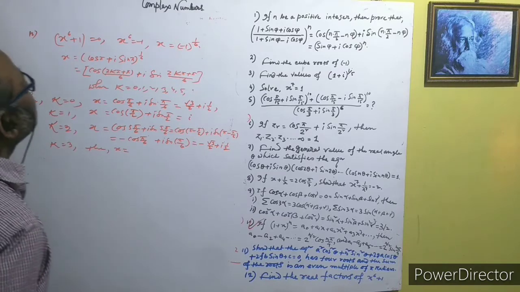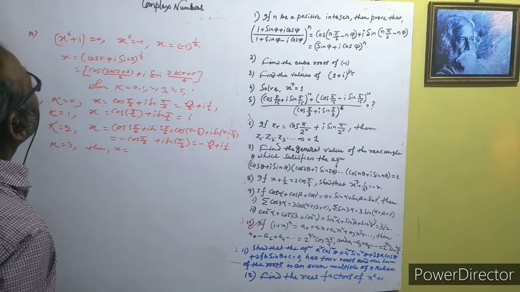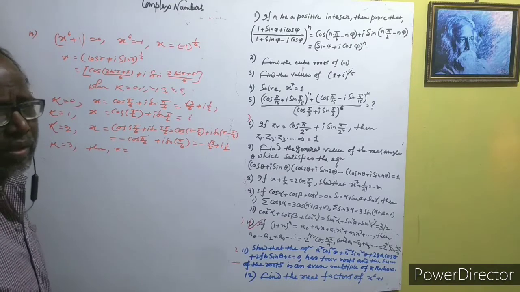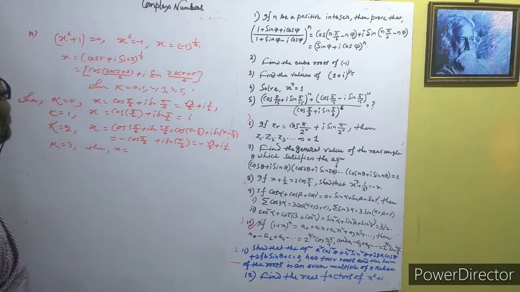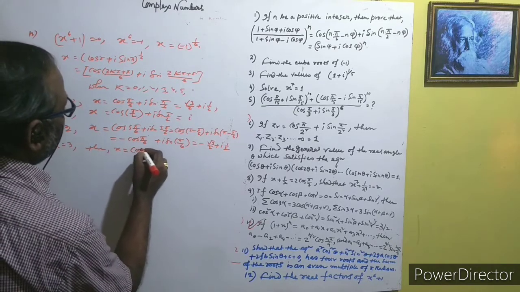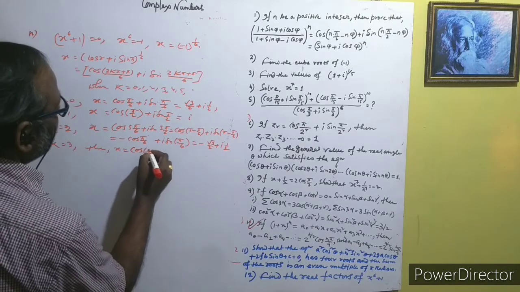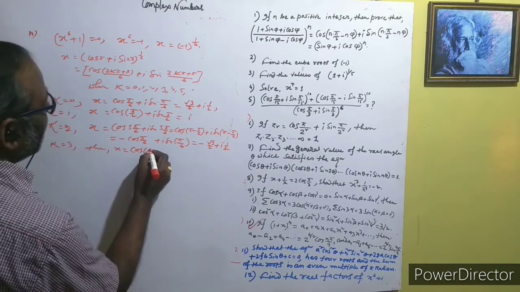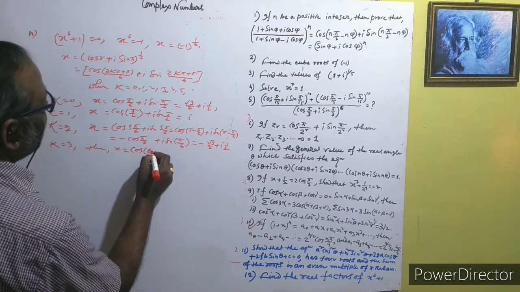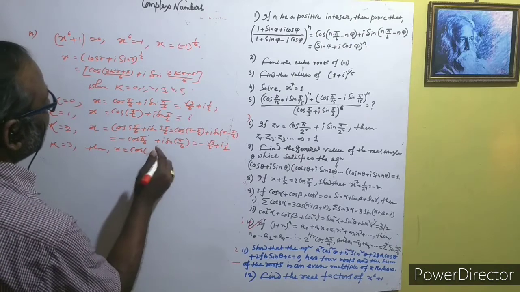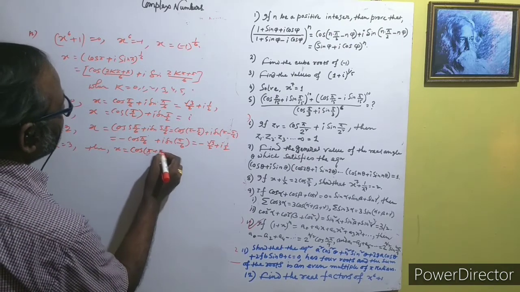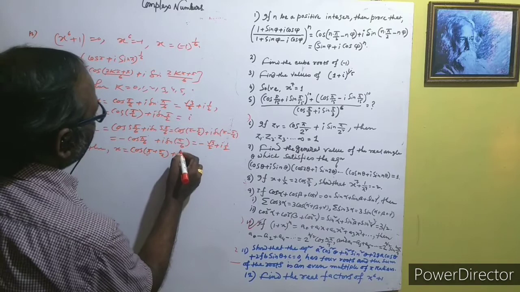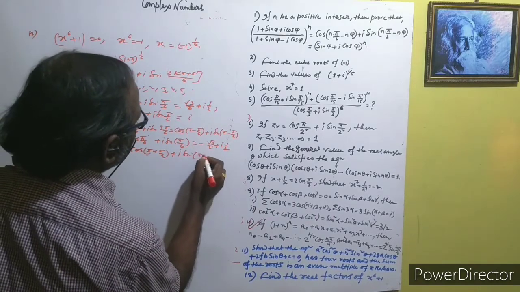When k is equal to 3, we get 6 plus 1, 7, so 7 pi by 6. 7 pi by 6 is pi plus pi by 6, so cos (pi plus pi by 6) plus i sin (pi plus pi by 6).